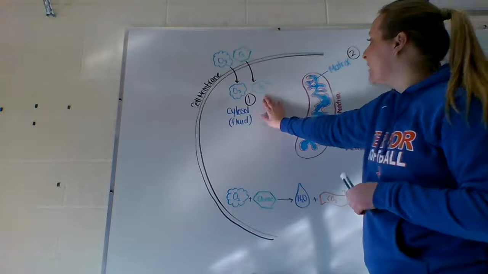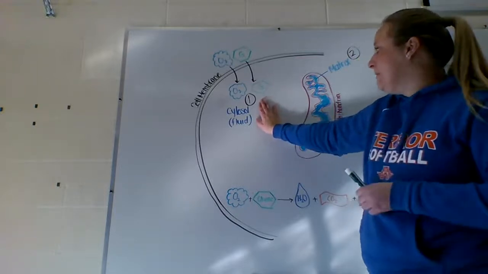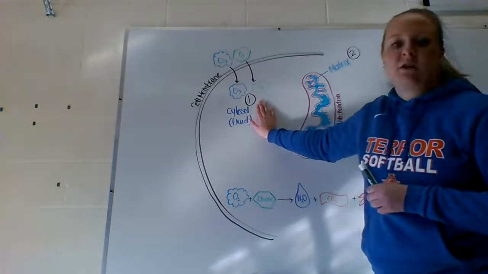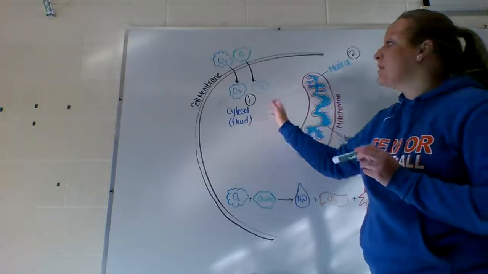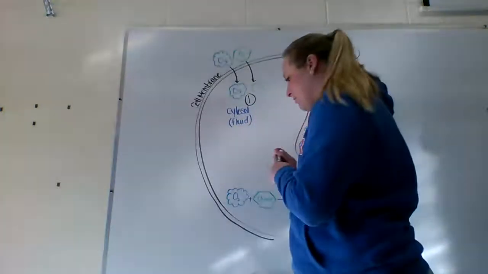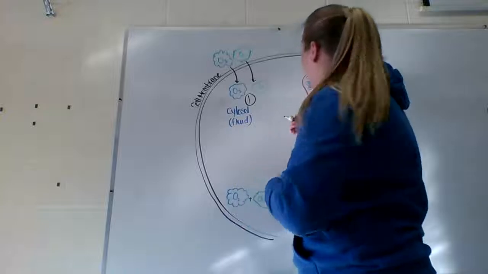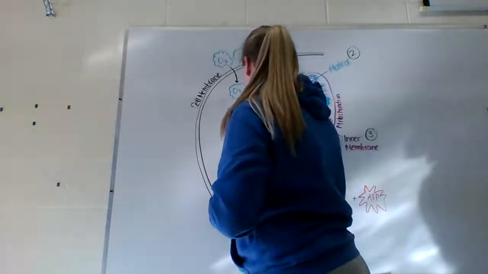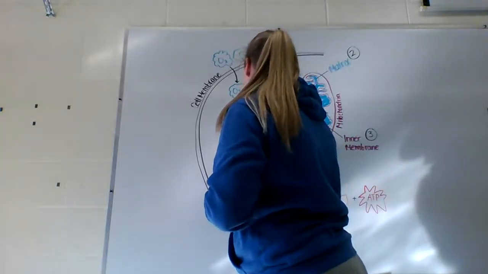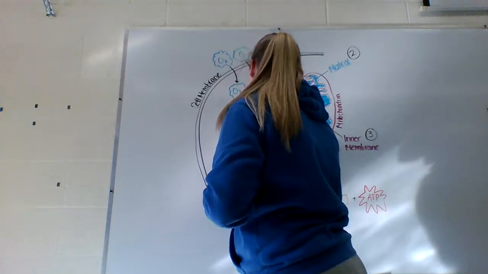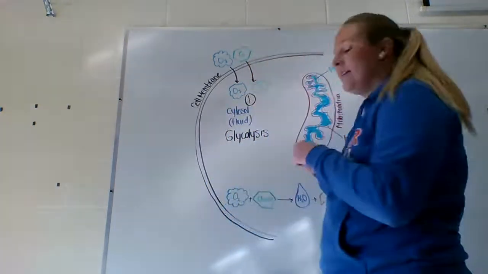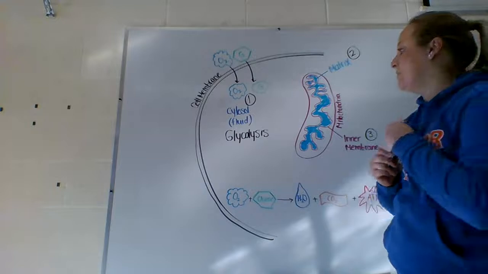Okay, so the first step, in the cytosol, is called glycolysis. So I'm going to write that. Actually, I'll write it in black. The first step is called glycolysis. That's kind of a big word, and if you don't know what it means, it might scare you.